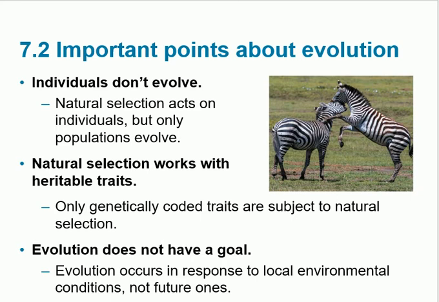This is according to that theory, okay? Whether we believe in that or not, this is how it is explained. So again, the point I'm trying to make here is, if this trait is coded on the genes and it can pass to the next generation, it counts toward evolution. If it's just an adaptation that's not coded on the genes, it doesn't count.